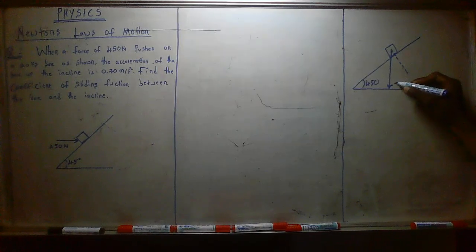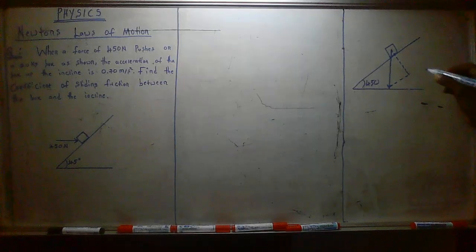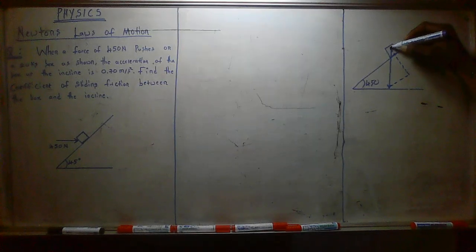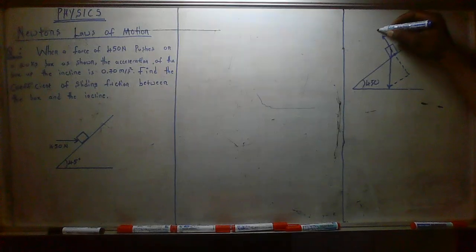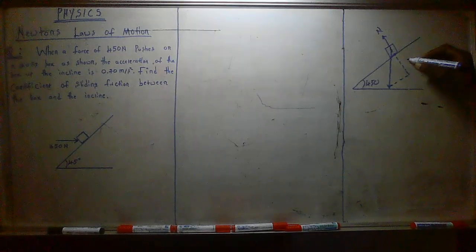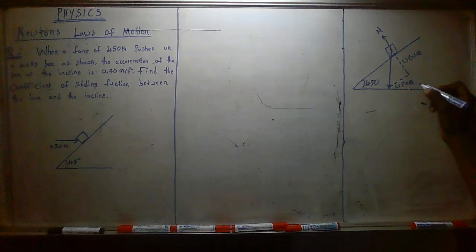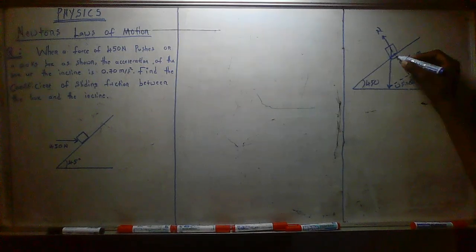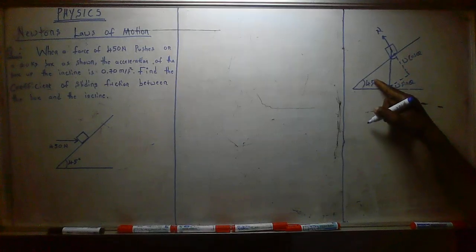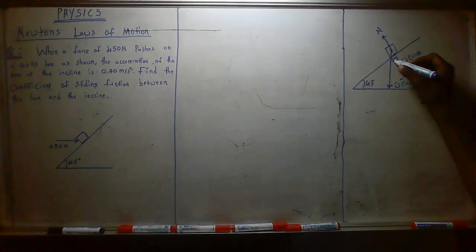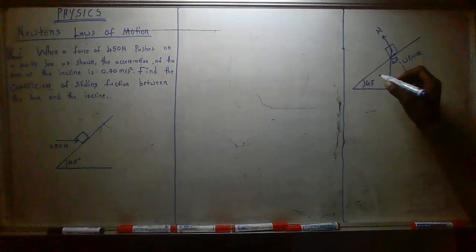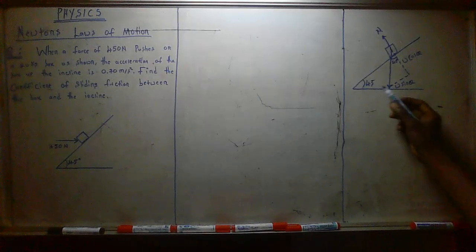So this is the normal force. This is the W cos theta, or mg cos theta. This is W sin theta, right? And the angle here is 45, which is the same as this angle here.